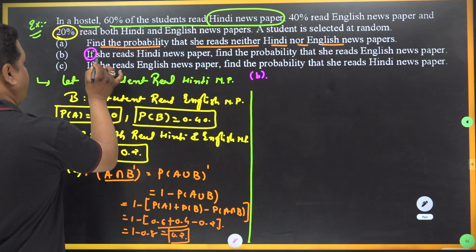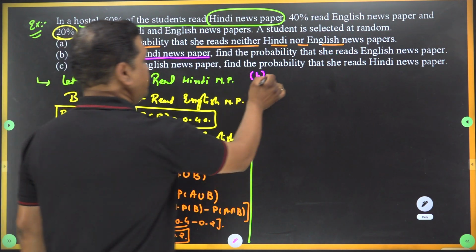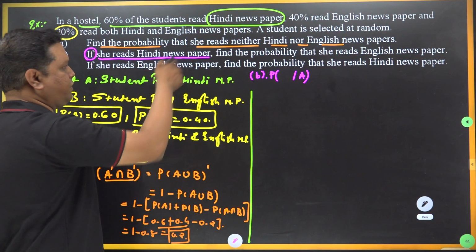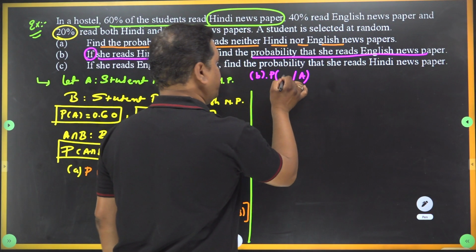If that is given, she read Hindi newspaper. So that means event A is given, conditional statement. Find the probability that she read English newspaper.